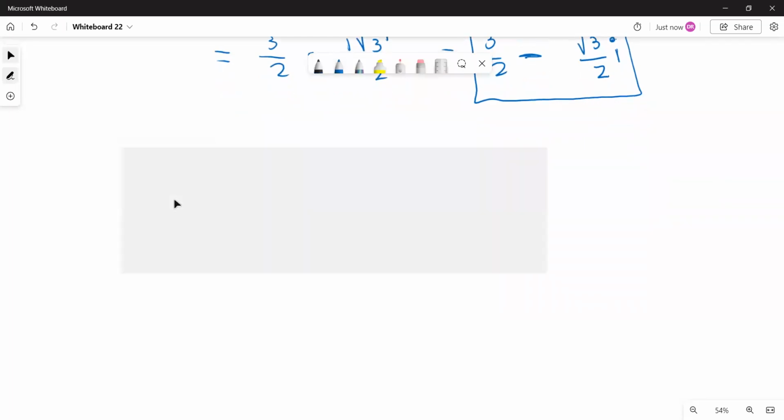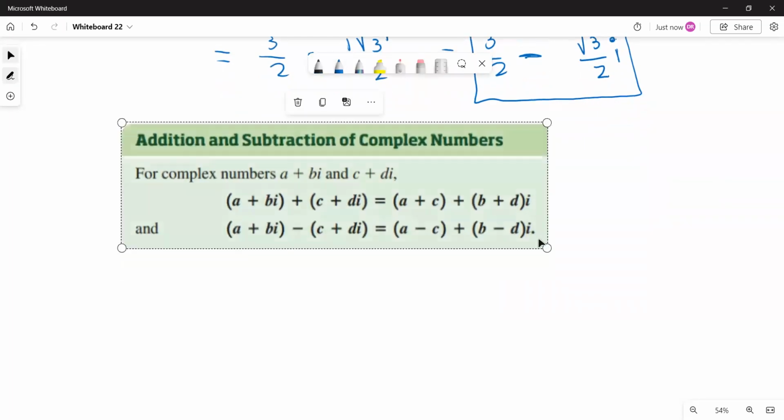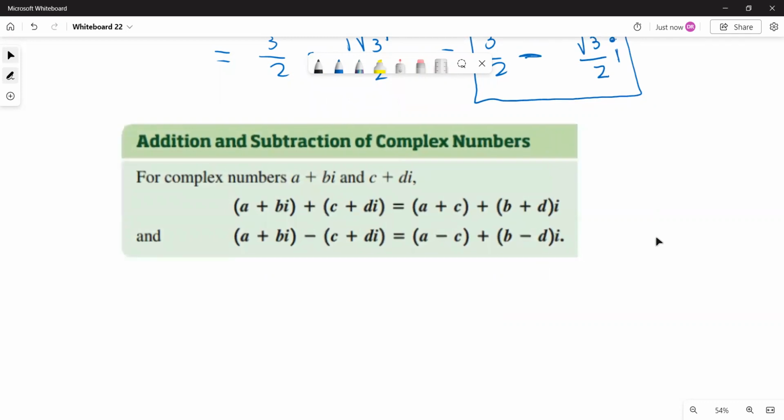So this is on page 108. For complex numbers a plus bi and c plus di, we add and subtract complex numbers by combining like terms. So really, there's no need to memorize these formulas.